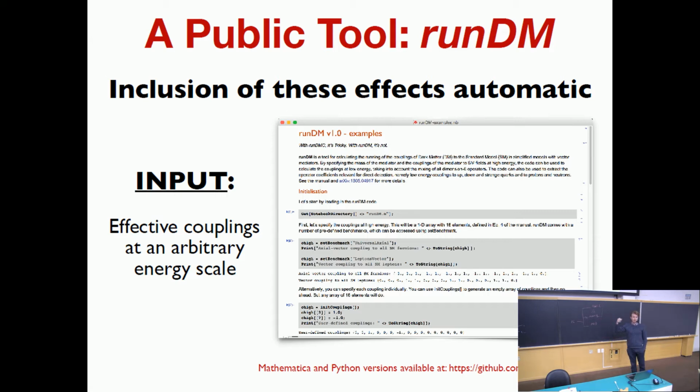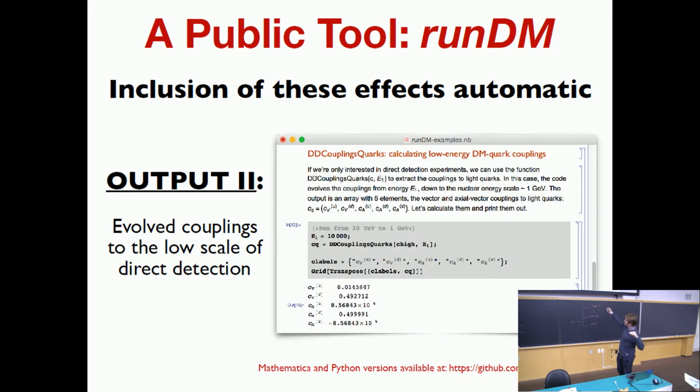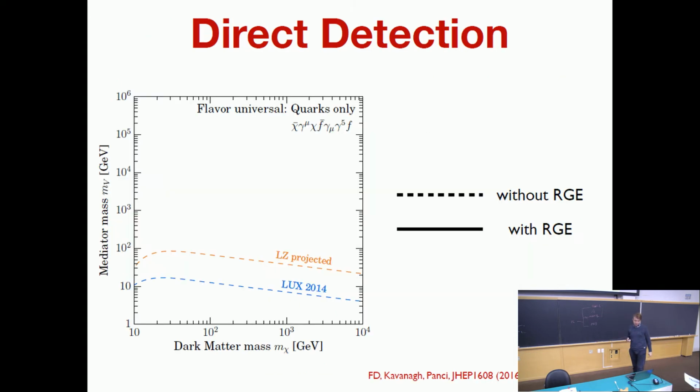We say the coupling runs with the energy scale. If you are interested, we can discuss more about the code offline, but it just takes as an input the couplings at a given energy scale, and it gives you as an output couplings at a second energy scale that you can choose, or if you want, you can make it the direct detection scale.